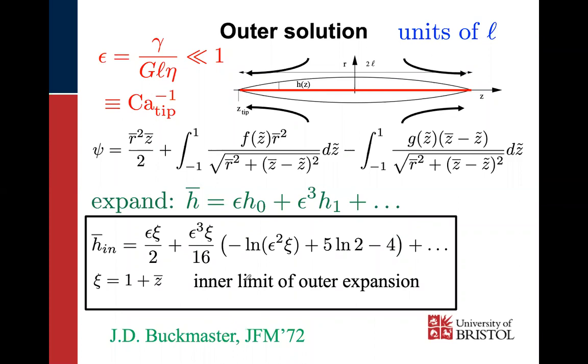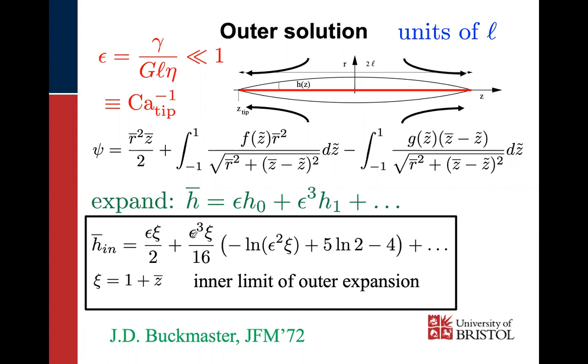So I've redone this calculation doing all the integrals. And what you find is that the inner limit of this expansion, now this is an expansion where everything is in units of L, in units of the size of my drop, the inner expansion of this outer solution, has this form here.